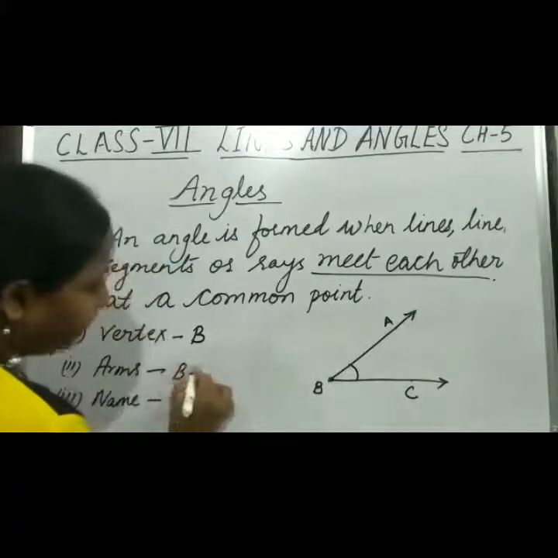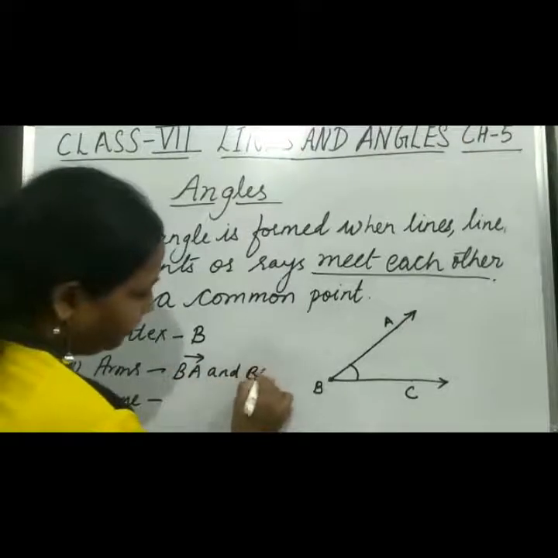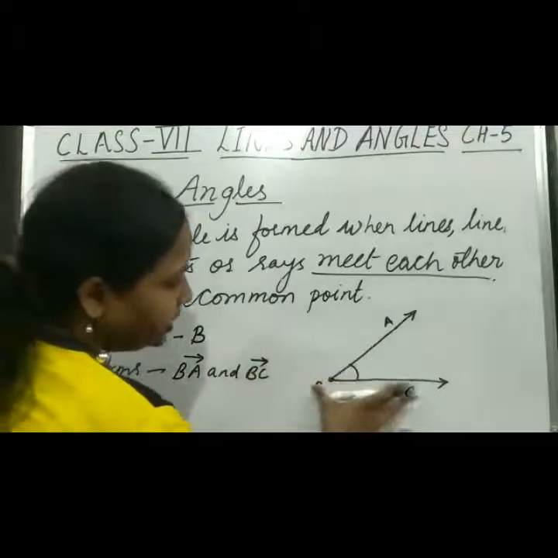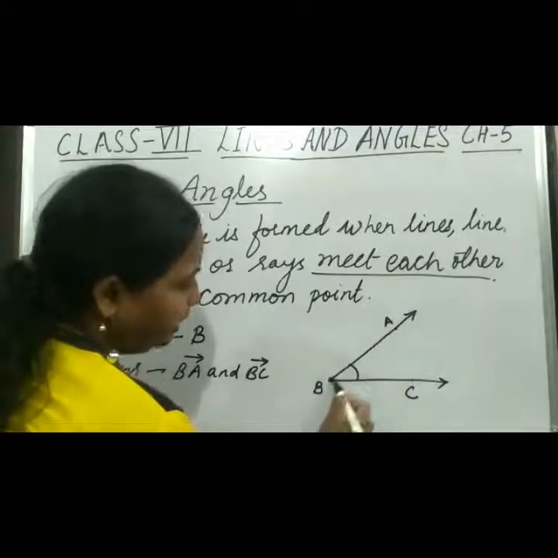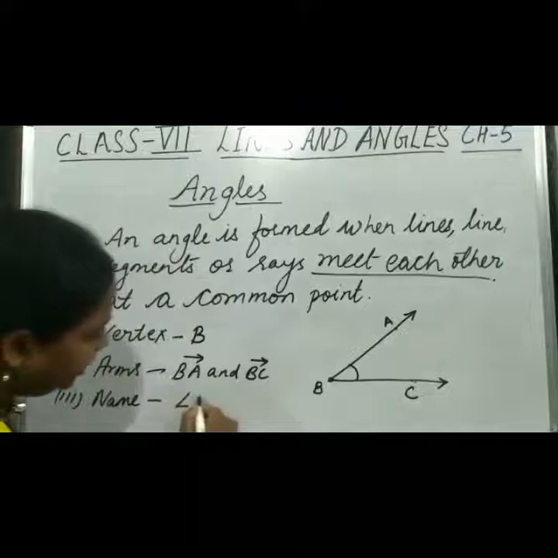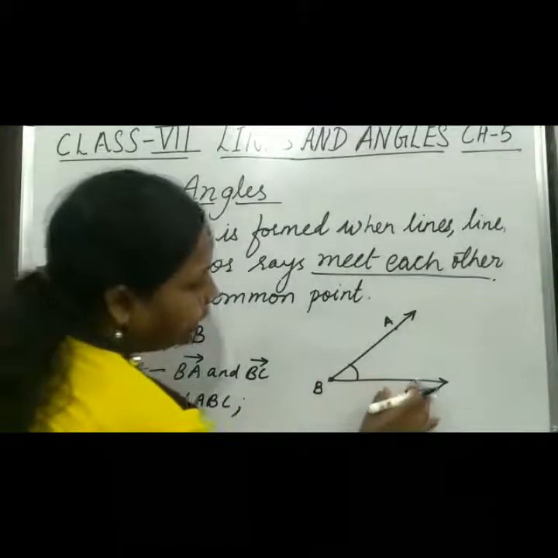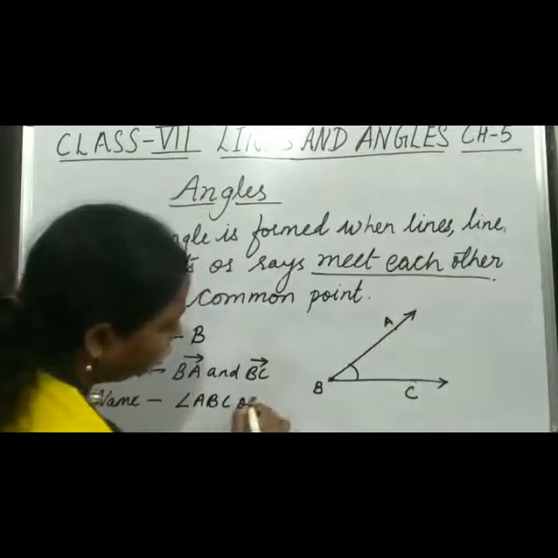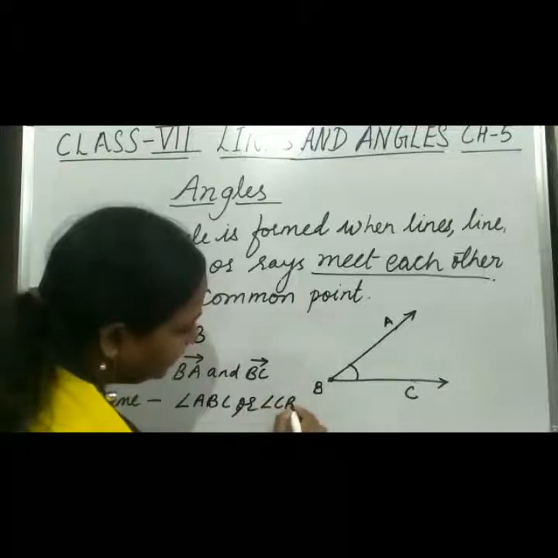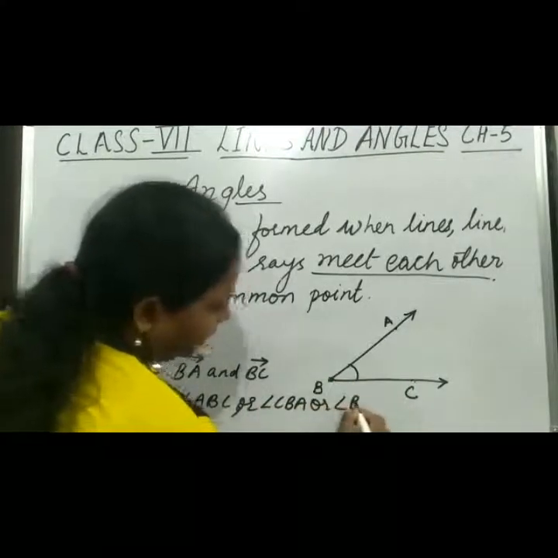Now the names of the rays are BA and BC. And how can you call this angle? This is angle ABC, or angle CBA, or angle B.